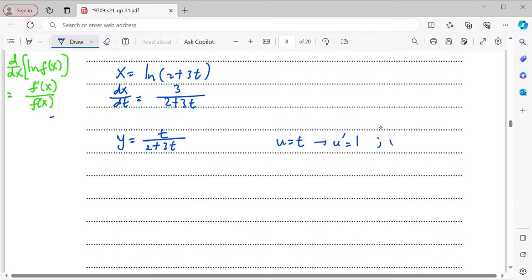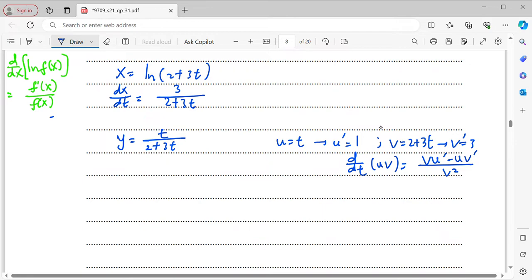Then v equals 2 plus 3t, then v prime equals 3. Our formula is d over dt of u over v, this is the quotient rule. Then it's going to be over v squared, so v u prime minus u v prime.